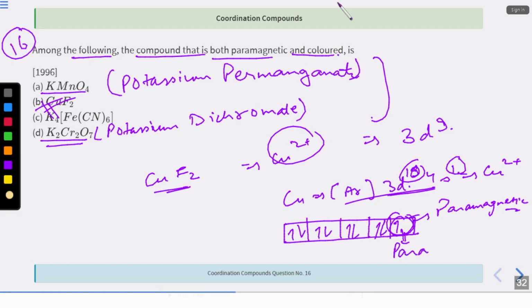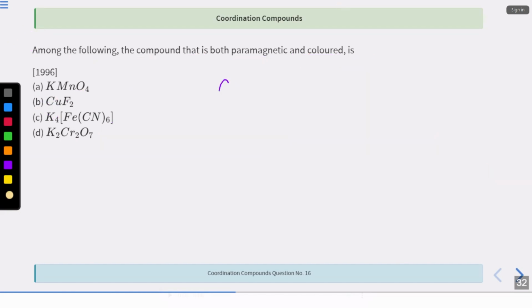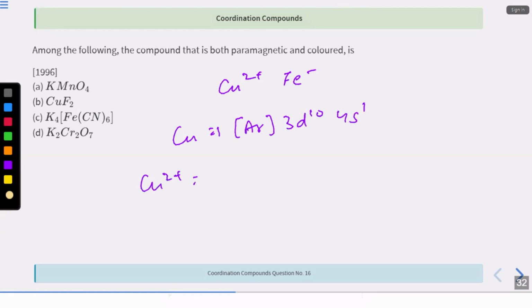Paramagnetic basically means that it is not paired. So if I do it again, it would be like this: Cu2+ F2 minus. Copper's basic state is argon 3d10 4s1. When it loses two electrons, it will be argon 3d9 4s0.